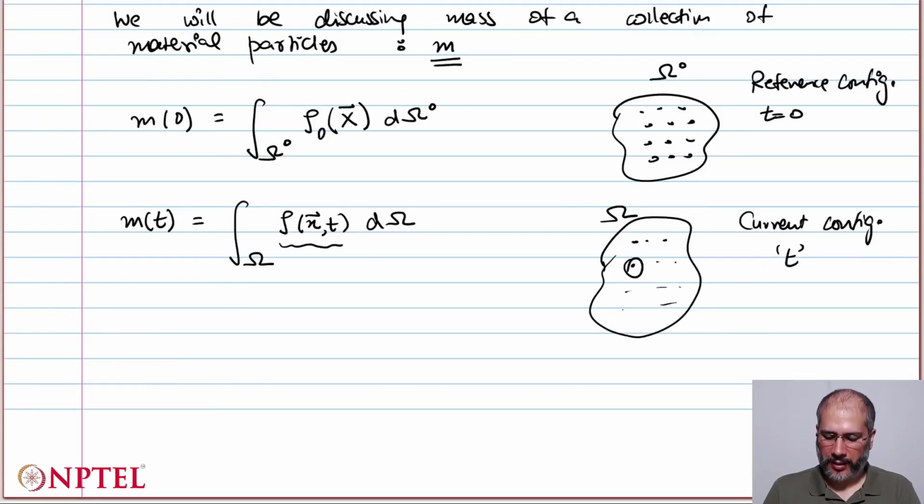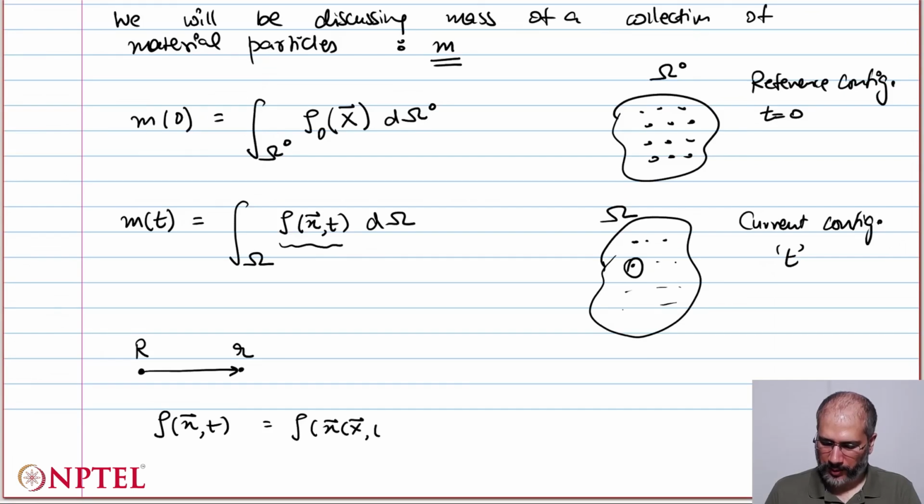Now, of course, if I track a given particle r from the reference configuration to some current configuration later, the density of the particle r may change. So I can express my density function either using an Eulerian description, or I can substitute small x as a function of capital X and t to get the Lagrangian description, which is a function of capital X and t.